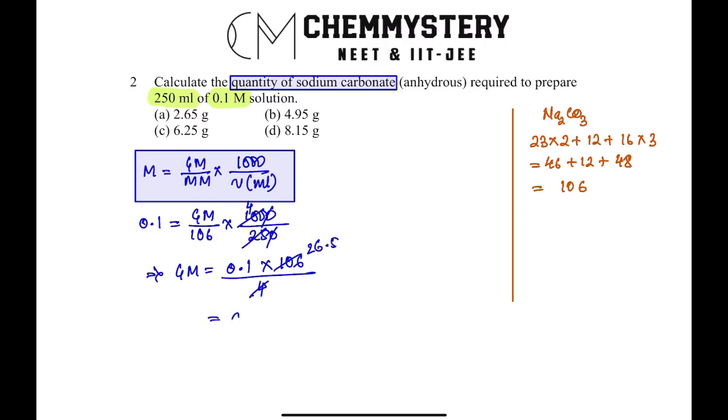So how much is it becoming? 0.1 into 26.5, so it will become 2.65 gram. 2.65 gram of sodium carbonate has to be taken in order to maintain the strength of 0.1 molar and maintain the volume of 250 ml. So my option will be 2.65, that is option A.